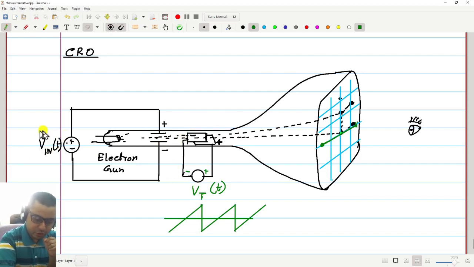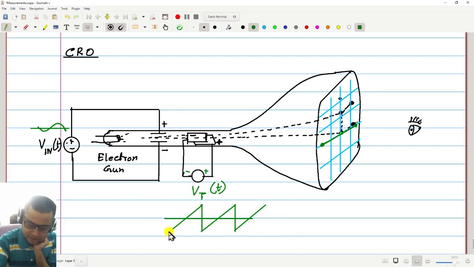Okay. Suppose this voltage is now varying sinusoidally. It's a sine wave, and here this Vt, horizontal voltage, is a sawtooth waveform like this. Then what will happen?